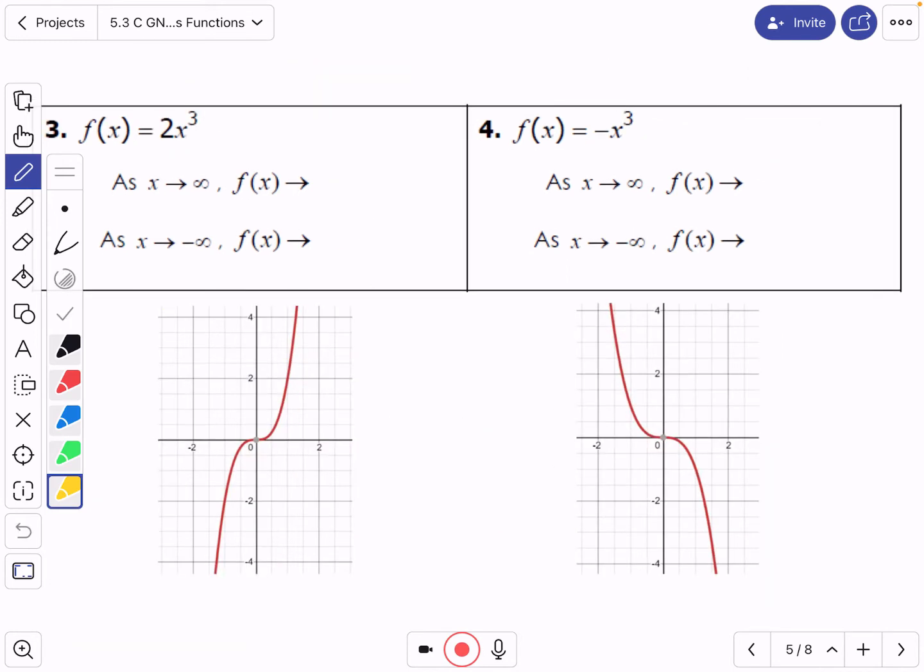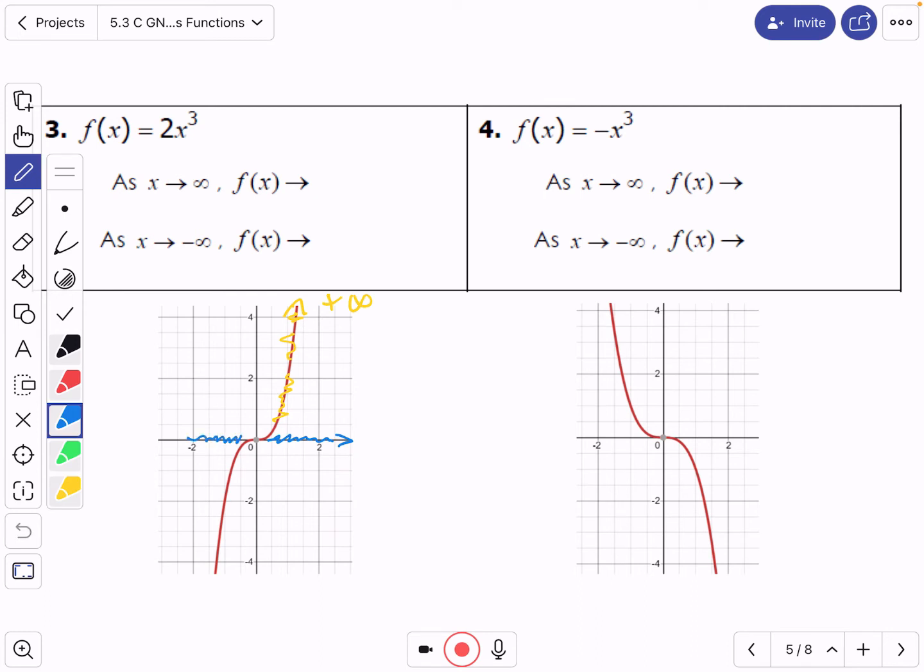Odd functions, same idea. So I want to look at what happens as I traverse out here and put in bigger and bigger positive x values. Well, as I keep going up this, it's going to plus infinity.